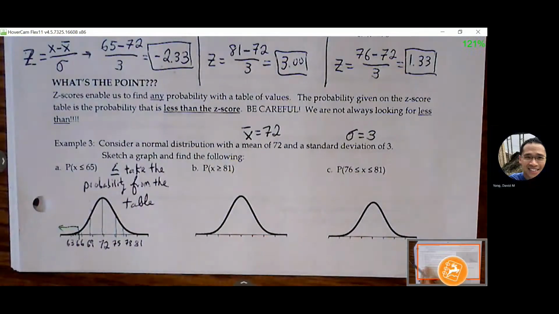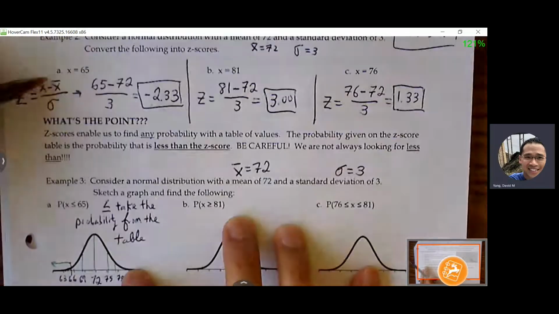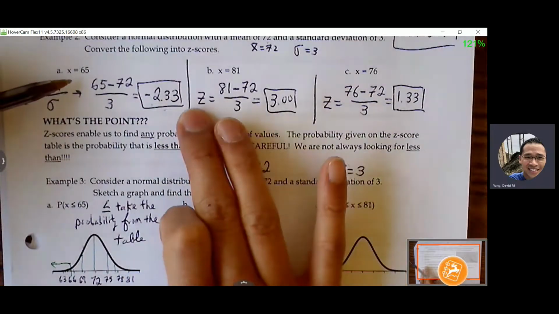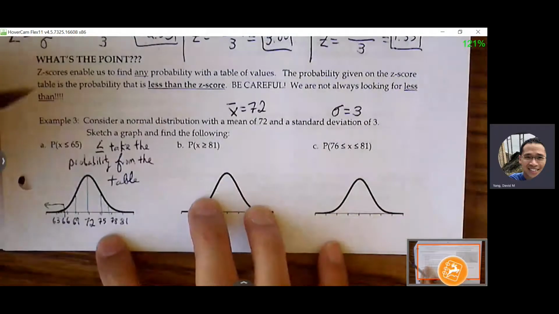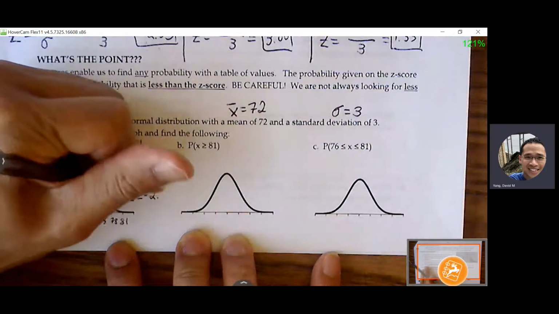If you turn to the very front of your packet, pages 2 and 3, again, the z value that we found from part A is the same number here, negative 2.33. Okay, so I'll put that here. Z equals negative 2.33.